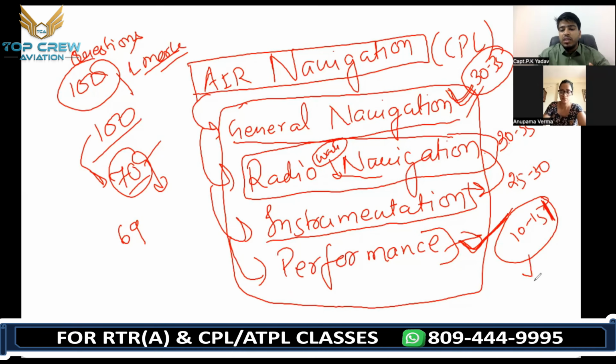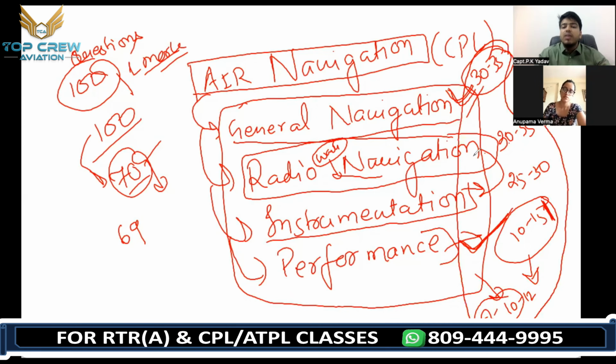As per the DGCA pattern till now, they ask somewhere around 10 or 12 from performance, not more than 15 and not less than 8 or 10. But there is no specific parameter declared by DGCA. They may increase or decrease the number of questions from any portion, because for them this is one subject.